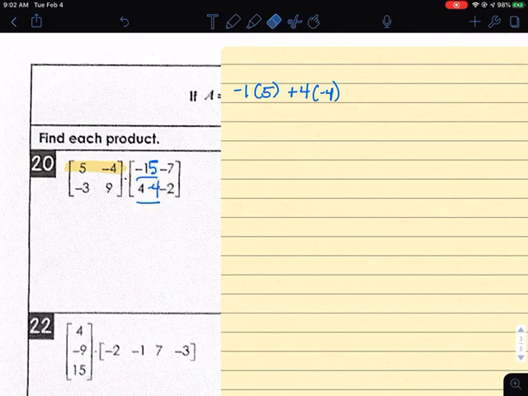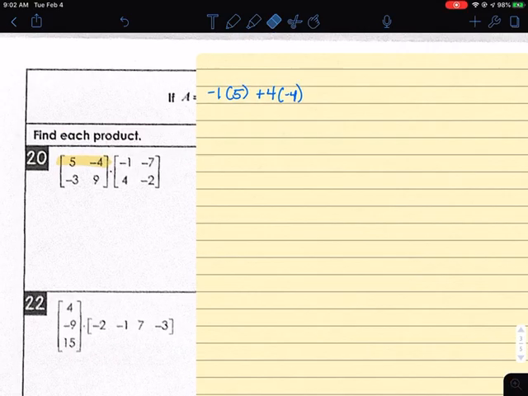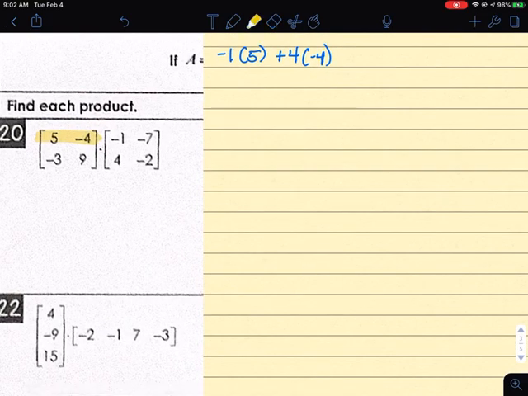Now, I have to multiply that top row by the second column. So once again, I'm going to take that top row, turn it 90 degrees, and write it next to that column.